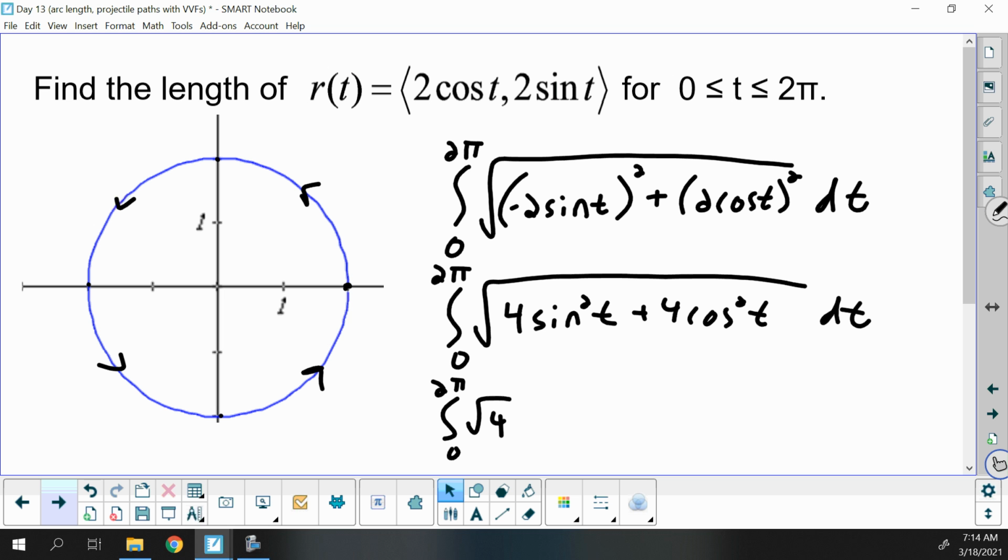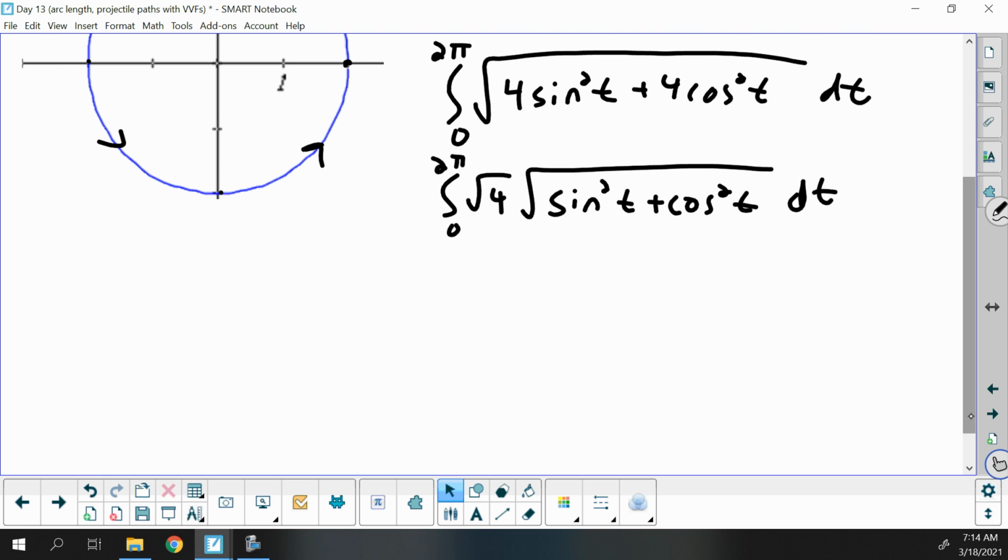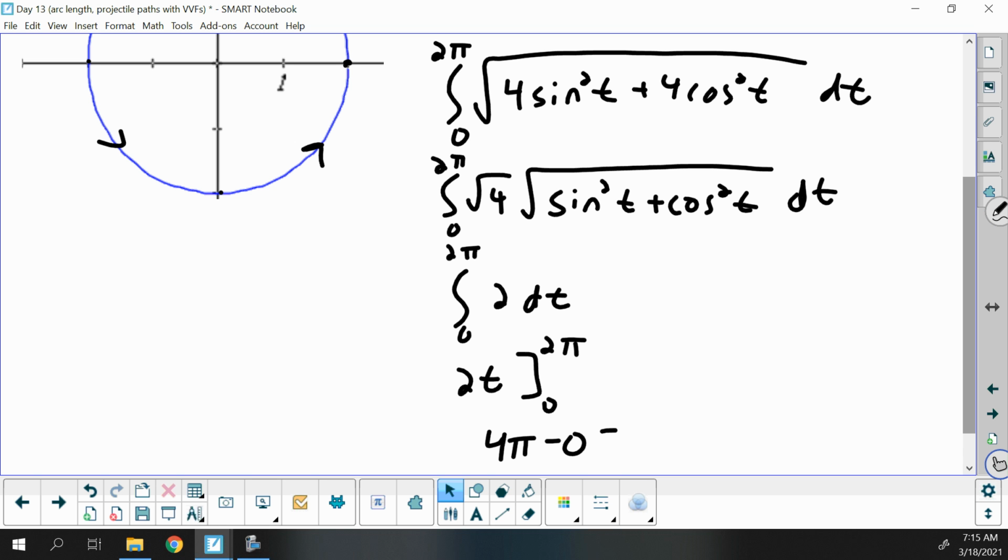So this is square root of 4 times square root of sine squared t plus cos squared t dt. Well, this neatens up to just 2 dt because sine squared plus cos squared is just 1 and square root of 4 is 2. So we're just going to have 2t from 0 to 2 pi. So we'll have 4 pi minus 0, or in other words, 4 pi is the length of our curve.